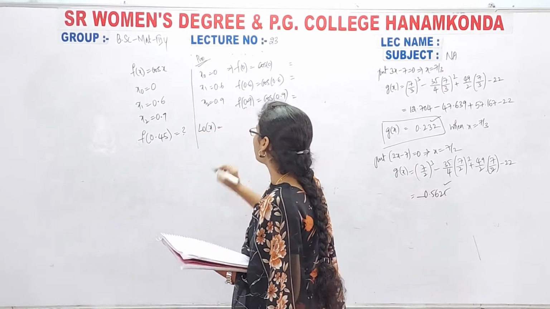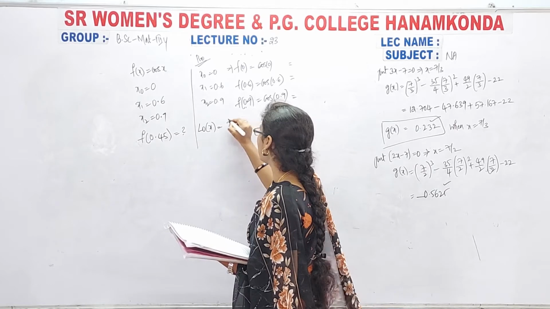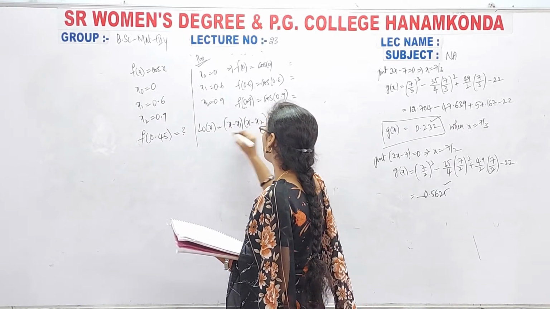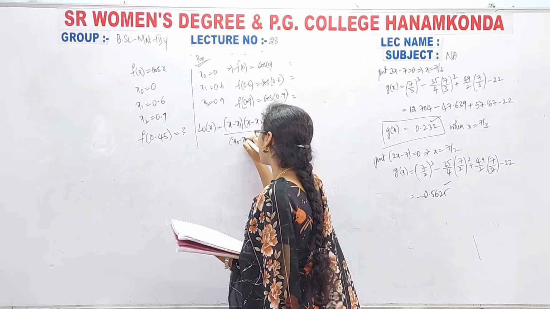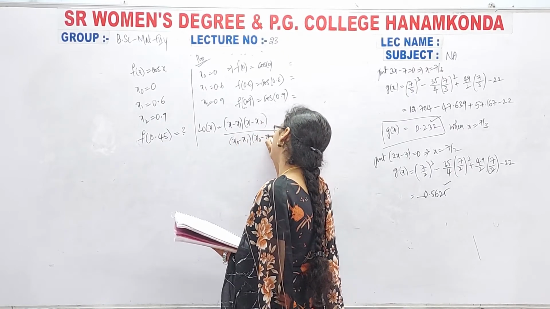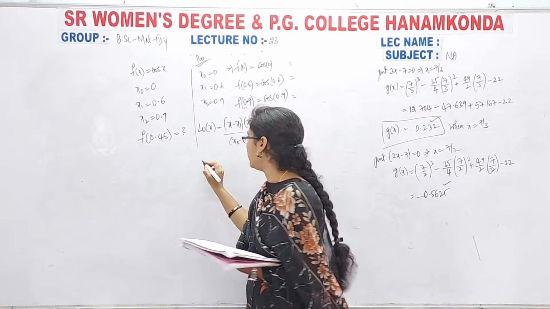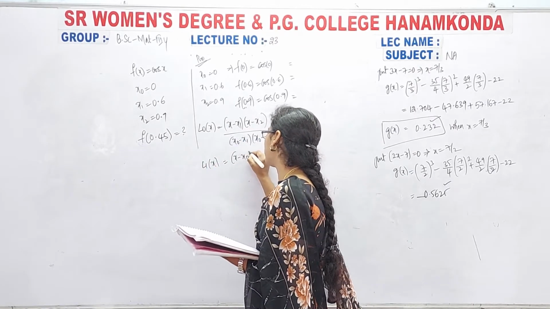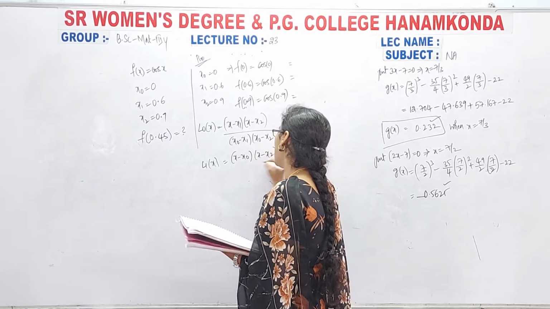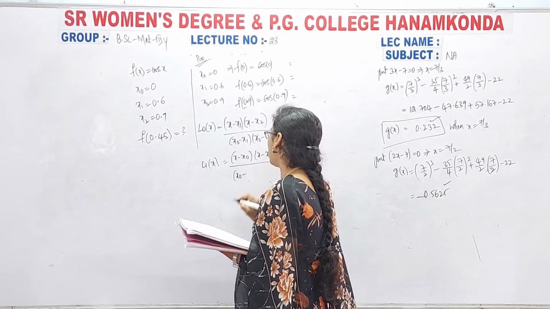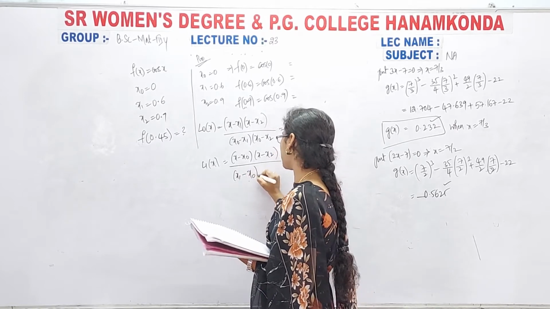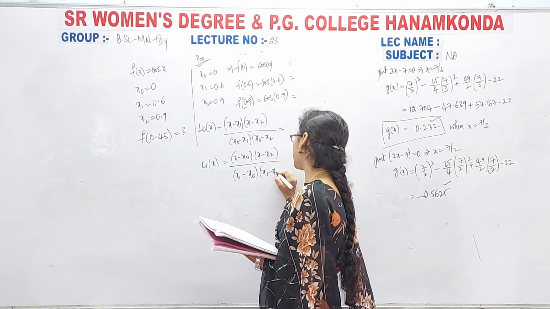So L naught of x means what is the formula: x minus x1 into x minus x2 by x naught minus x1 into x naught minus x2. Calculate the value. Next L1 of x means x minus x naught into x minus x2 whole divided by x1 minus x naught, x1 minus x2.